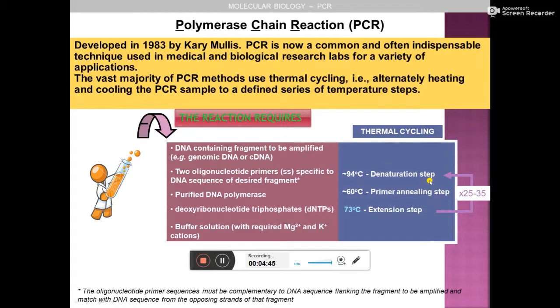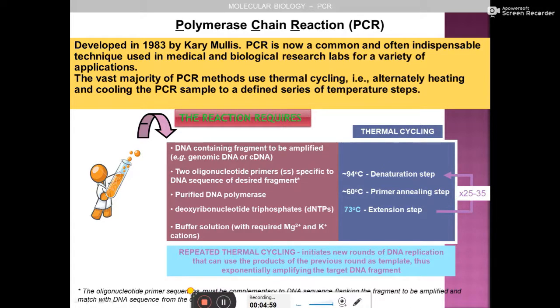So the process of denaturation, annealing and extension is carried out 25 to 35 times, making multiple copies of your gene of interest. Now, repeated thermal cycling initiates new rounds of DNA replication, and that causes the products of the previous round to act as a template, thus exponentially amplifying the target DNA fragment.